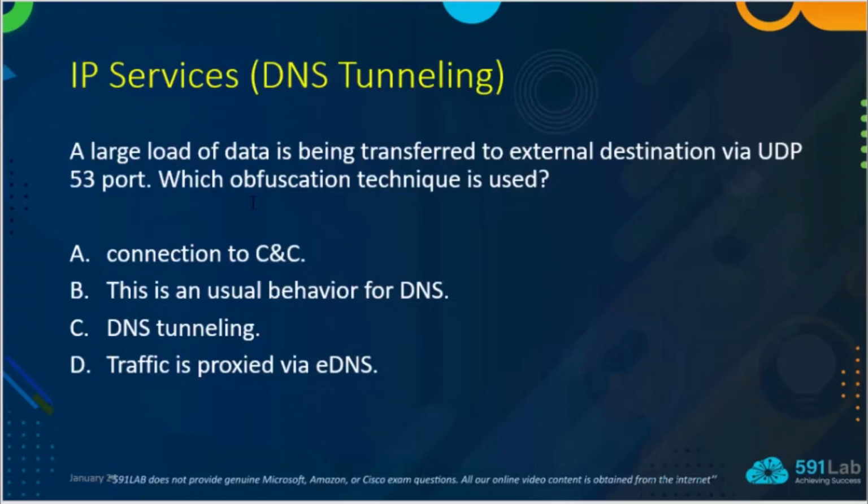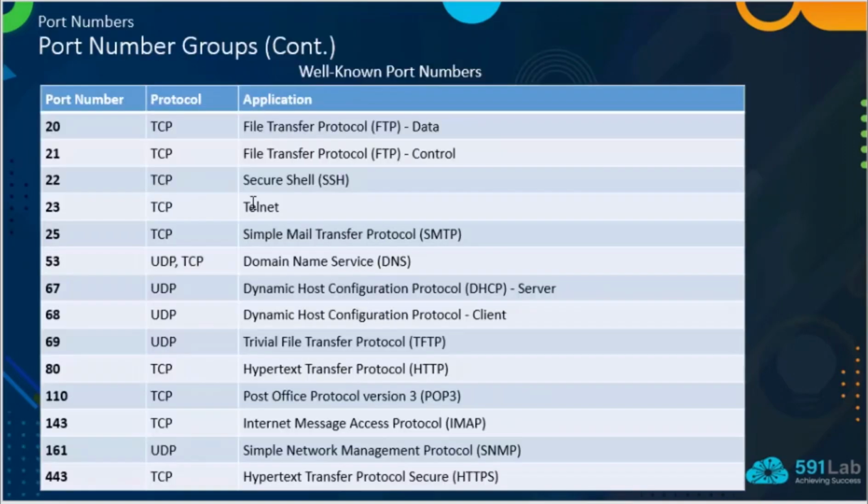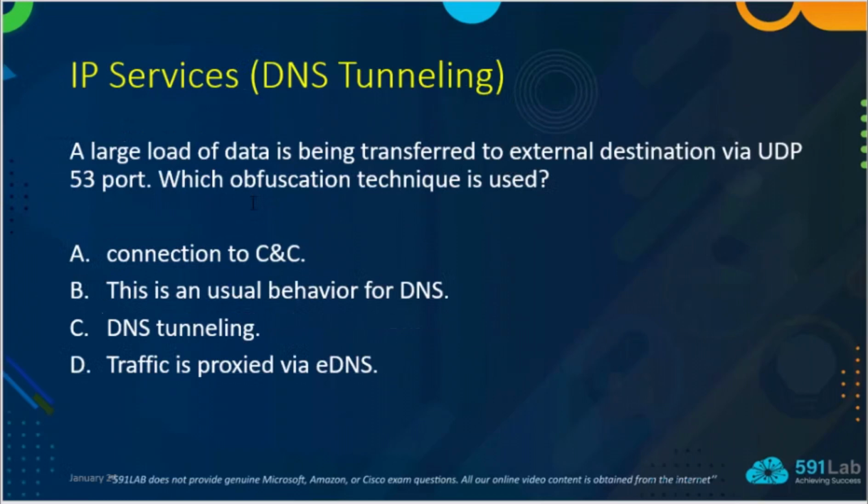You can see here that we have a load of data being transferred to an external DNS via UDP port 53. And we know that port 53 is for DNS. So transferring of data is not a DNS query. That's why in option A, a connection to CNC, which is command and control, is not the answer, and this is not an unusual behavior for DNS.